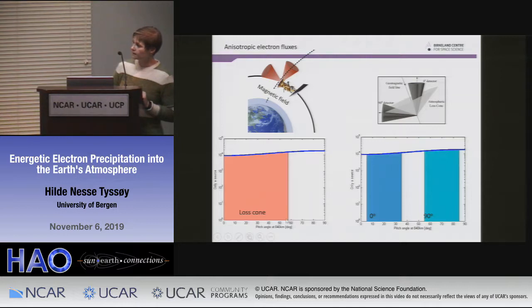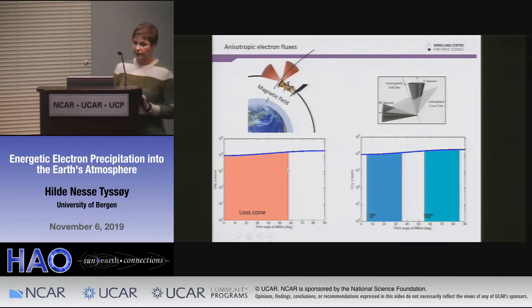Here is an example of the size of the loss cone, which is here about 58 degrees. This is flux on the y-axis, and you have pitch angle on the x-axis. So it's a distribution of fluxes as a function of pitch angle.